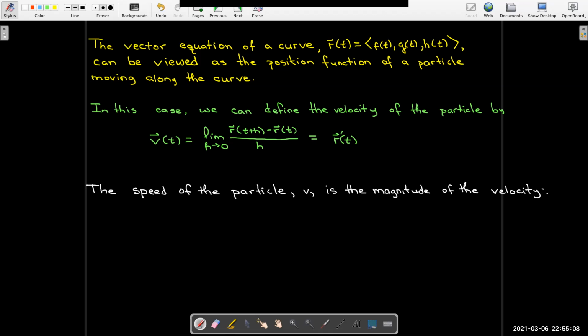Now, the speed of the particle is going to be denoted with a lowercase v with no arrow. So we have to really pay attention to, do we have an arrow or not an arrow? No arrow, speed. Arrow, velocity. So it'll be the magnitude of the velocity.